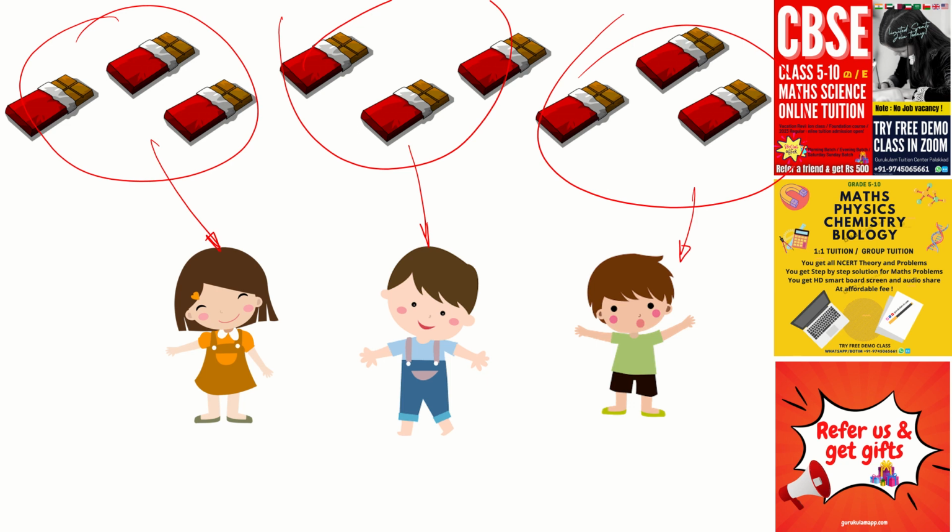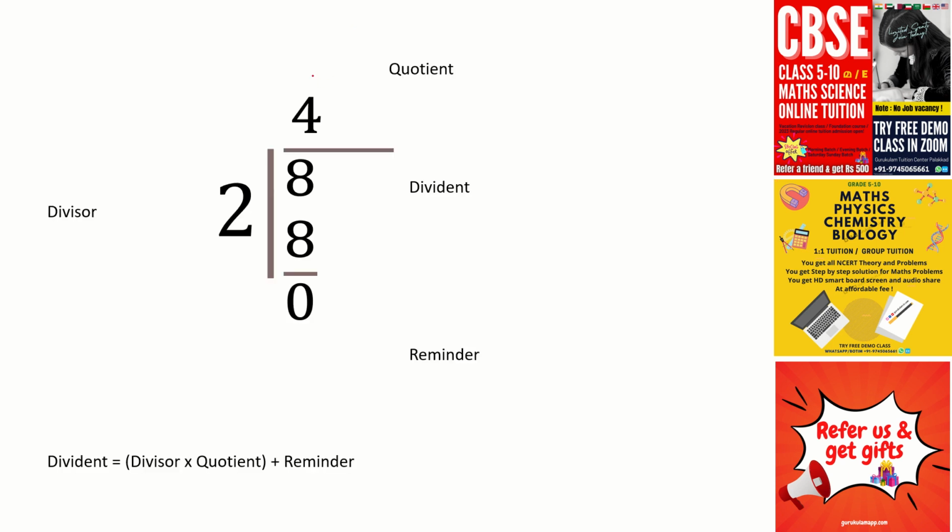This is the concept of division, and we have to learn some basic rules and regulations for doing division. First we are going to learn some terminologies. Here this is known as the quotient. Whatever we write inside is known as the dividend, the last answer is known as the remainder, and this one is known as the divisor.